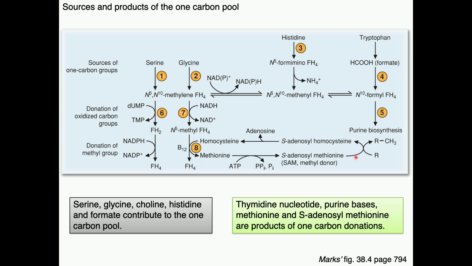The donors are shown up here, and the different forms of tetrahydrofolate that we get when carbon is donated from different sources. Just to preview something that we haven't talked about yet, but will in the second and third hours: this formyl tetrahydrofolate is a carbon donor for the synthesis of purine nucleotides, or for the base portion of the purine nucleotides.